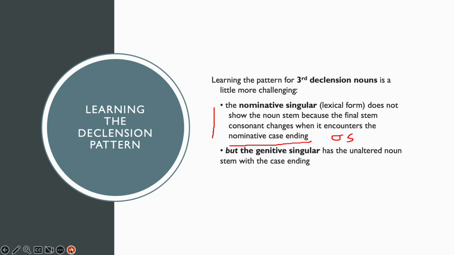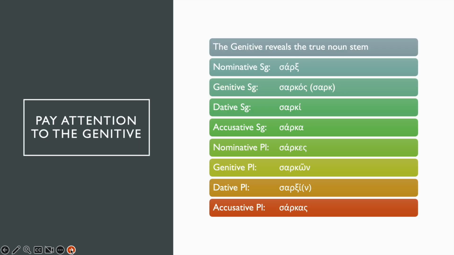For instance, the sigma reacts with the sigma and a zero ending reacts with that final consonant. But the good news is the genitive singular has the unaltered noun stem with the case ending. So you can look at that and you can see the stem right away. So pay attention to the genitive.